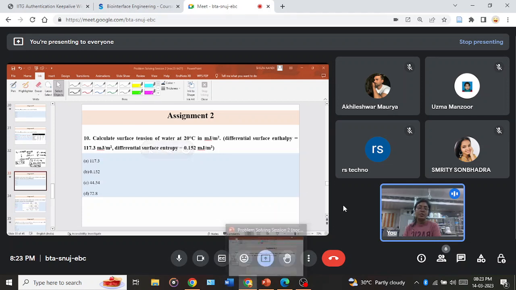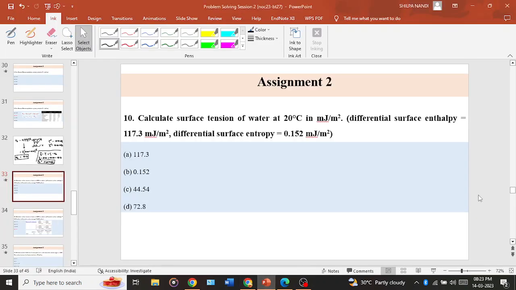Anyone who is trying to solve this question? Okay, we'll see how to solve this question as well.